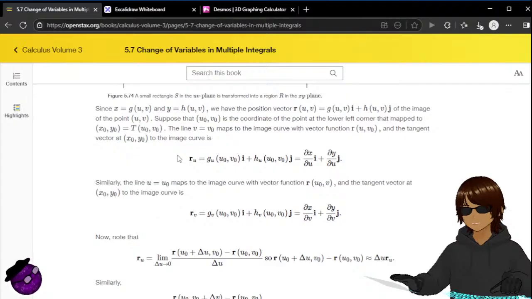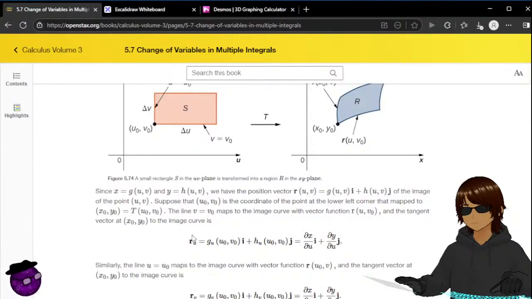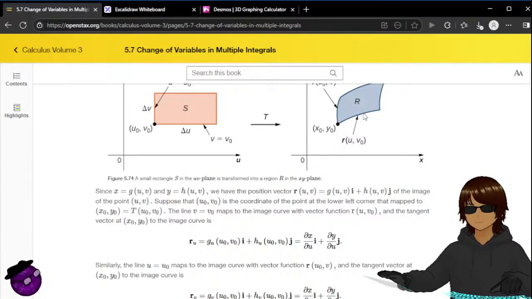Similarly, the line u is equal to u naught maps to the image curve with vector function r(u naught, v), and the tangent vector at (x naught, y naught) to the image curve is this. So wait, hold on.